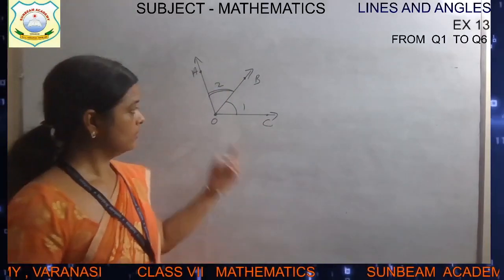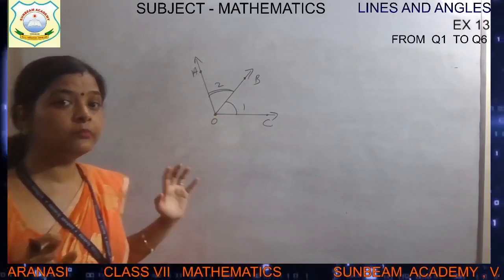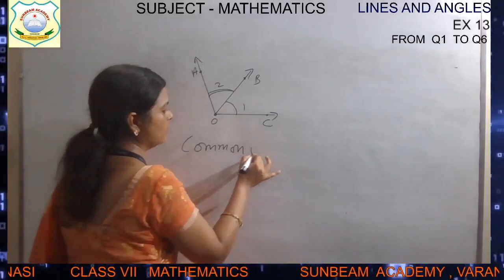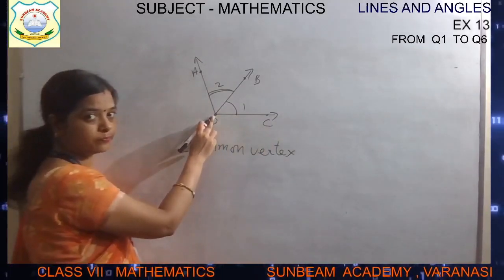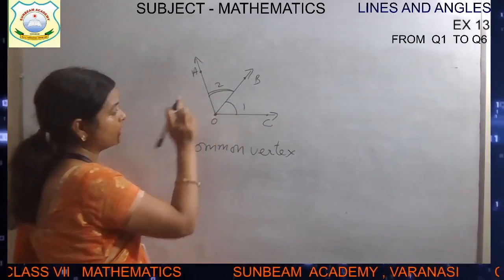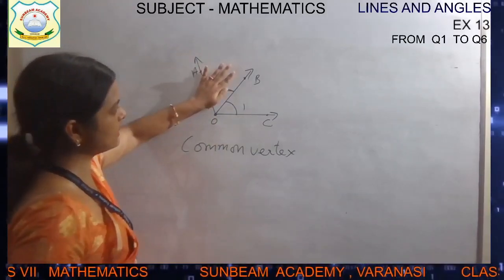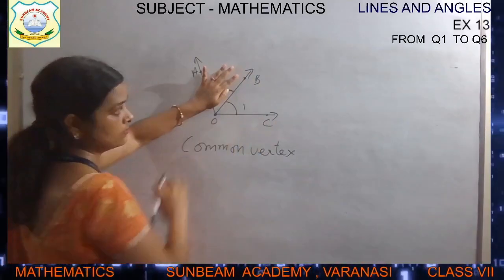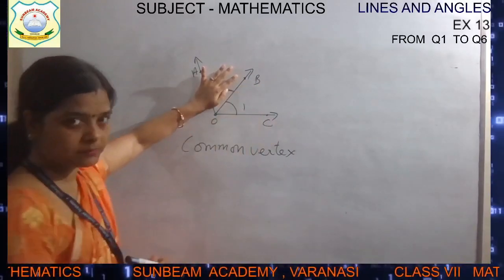Now children, if there are two angles and they have a common vertex, see, the common vertex is O. इन दोनों एंगल का कॉमन वर्टेक्स है O. And they have a common arm. Arm, children, what is arm? See, in this angle 1, OB and OC are the arms.